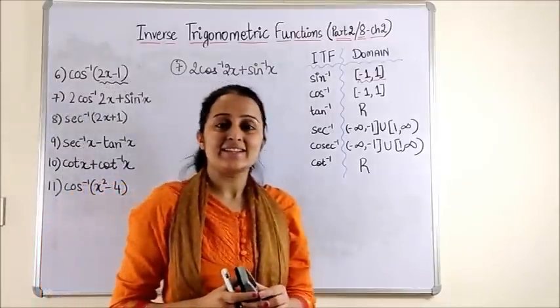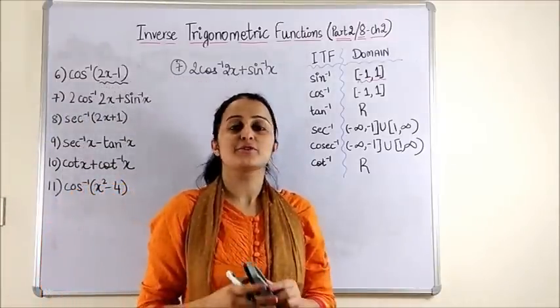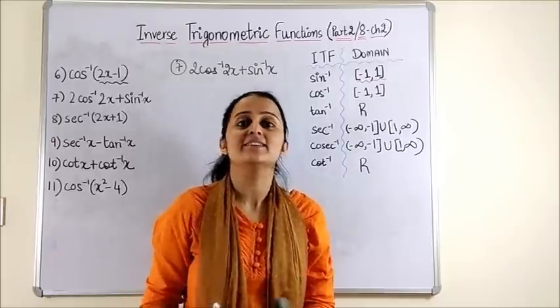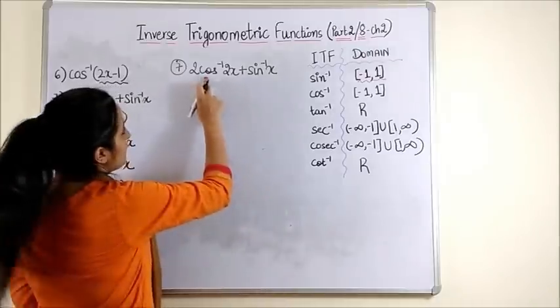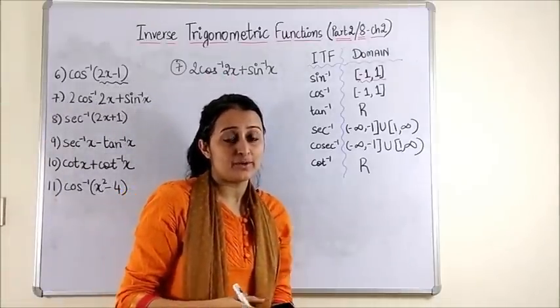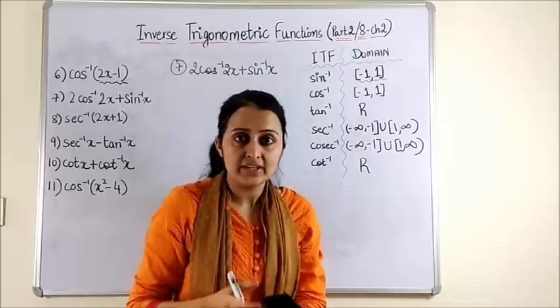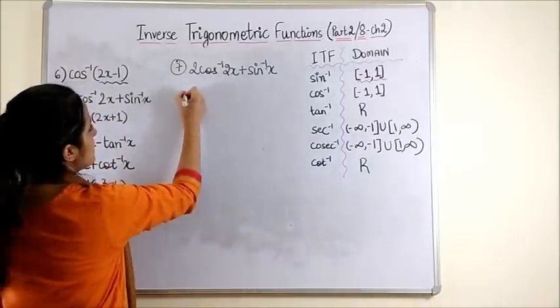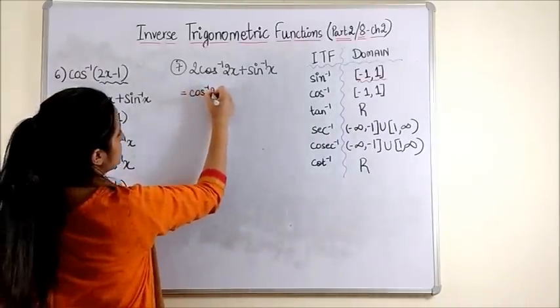Alright, once again, it's an algebra of two functions, so the domain has to be the intersection of the two. Now, whether I take cos inverse 2x or twice of cos inverse 2x, by taking the intersection, we get the same answer. But still, you can split this as follows.